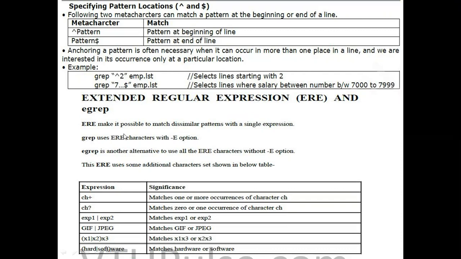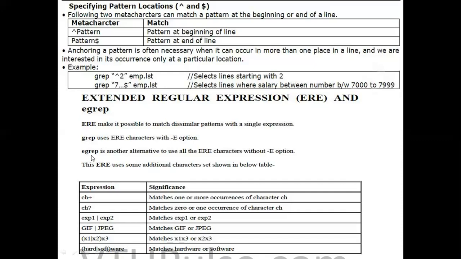How can you make use of extended regular expression? In your grep command, if you use the option minus capital E, then it allows you to include different patterns within a single expression. The egrep command can be used as an alternative to the grep command if you don't want to use the minus capital E option.